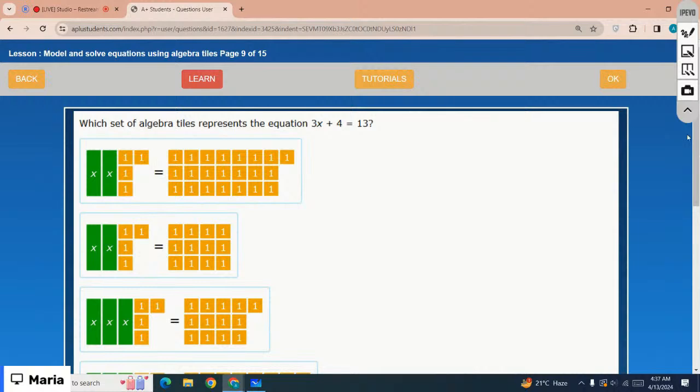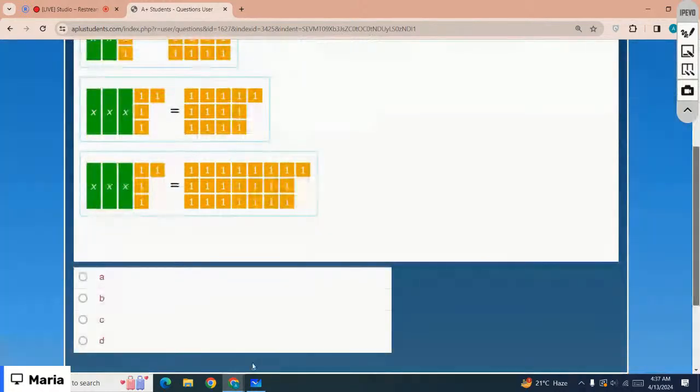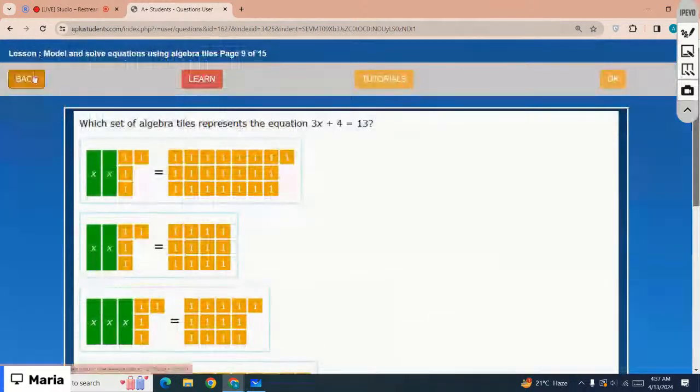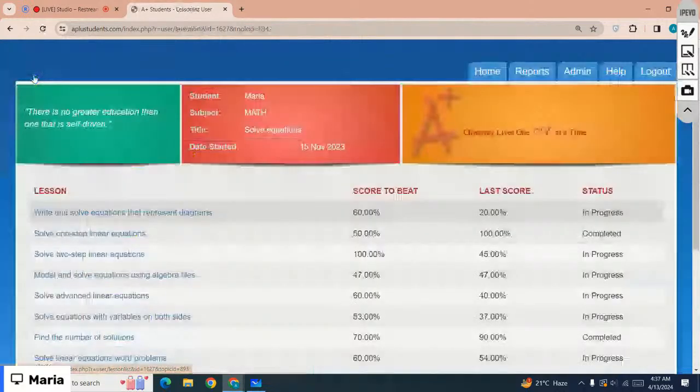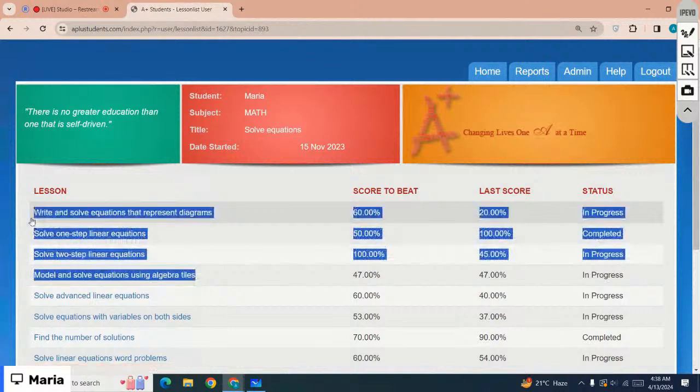Option number C is the correct option, right? Okay, you can complete the lesson by yourself later today. So we were working on grade 9 math. The chapter we were working on is solve equations, and the lessons we have covered today are solve equations that represent diagrams, solve one-step linear equations, solve two-step linear equations, and model and solve equations using algebra tiles, right?